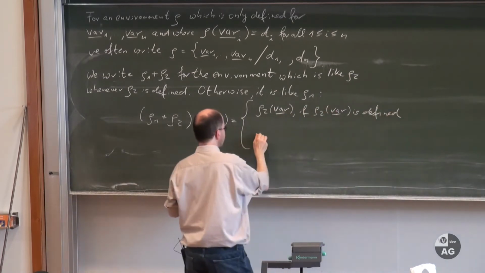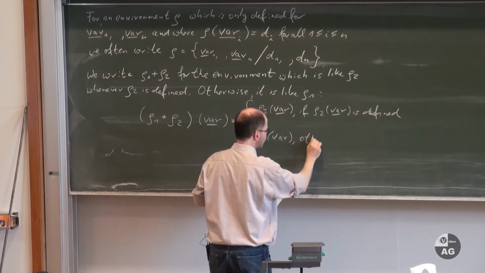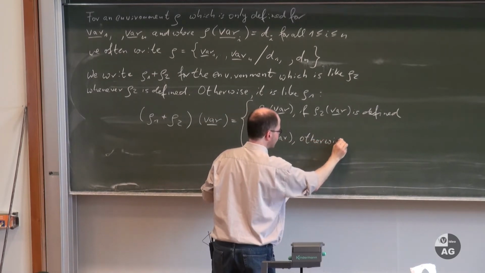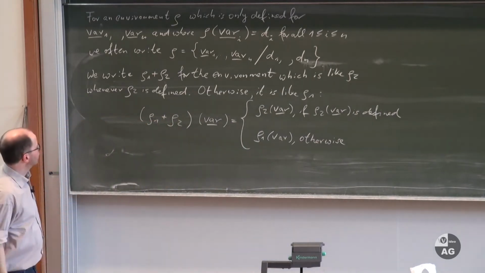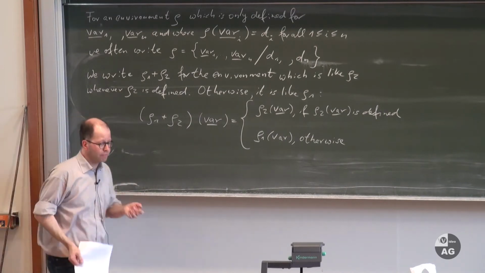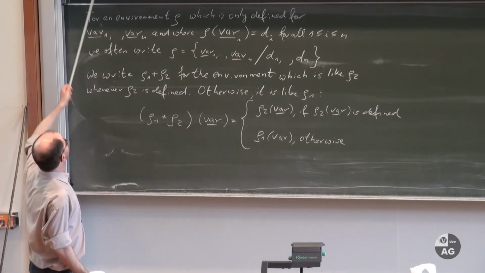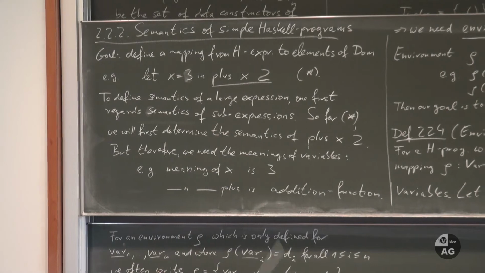And otherwise, it's rho1 of var. And this will be used to extend environments. So the environment that we had before the let expression will be extended here by mapping x to 3. That's what we need this plus operation for.